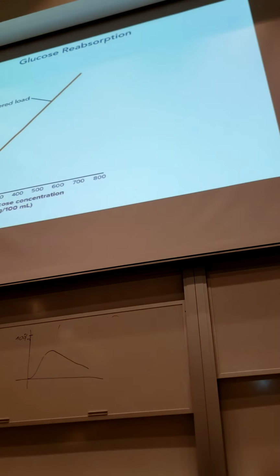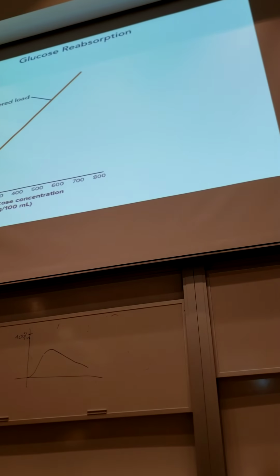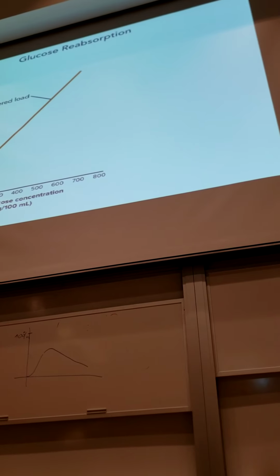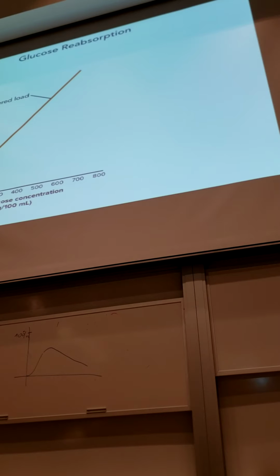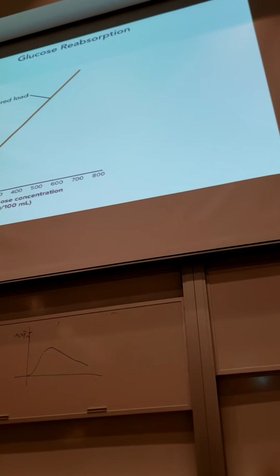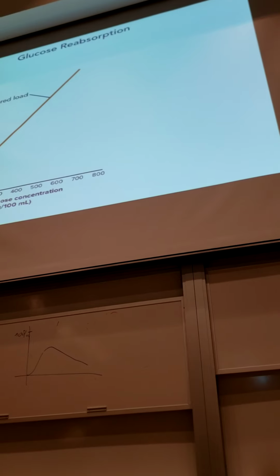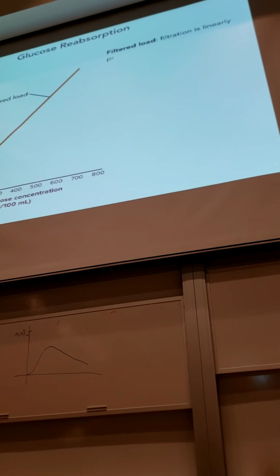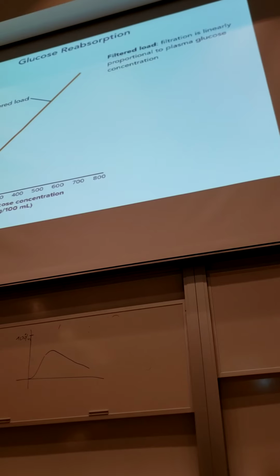Seemingly there's no limit to it. That filtration membrane can handle whatever we throw at it. So filtration is linearly proportional to the glucose concentration in the blood plasma.